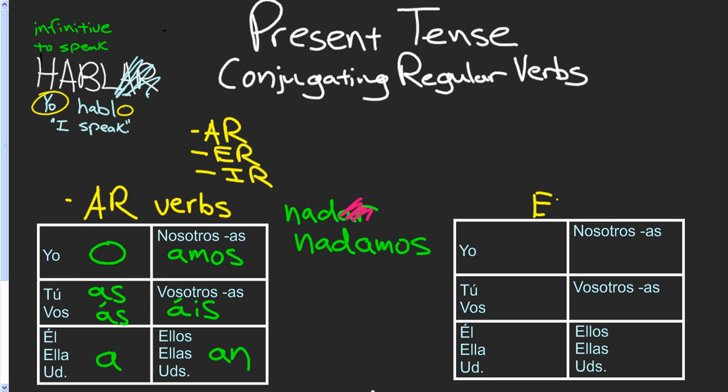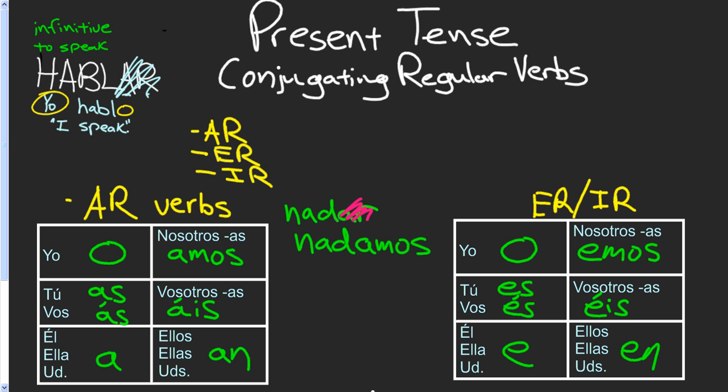And the endings for the ER and IR verbs are different, and we do use different endings for these. For the yo form, it actually stays the same, o. The tú form, es, or the vos form, és, with an accent, meaning that the emphasis is placed on that syllable. Él, usted, e. Nosotros, imos. Vosotros, éis, with an accent over the e.